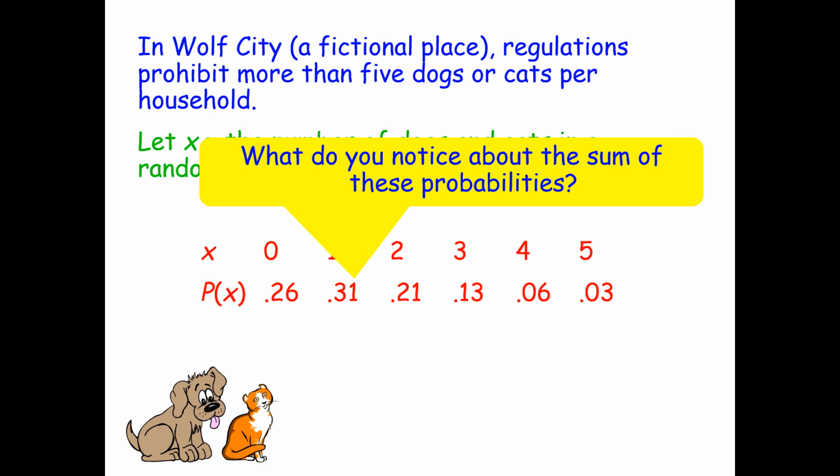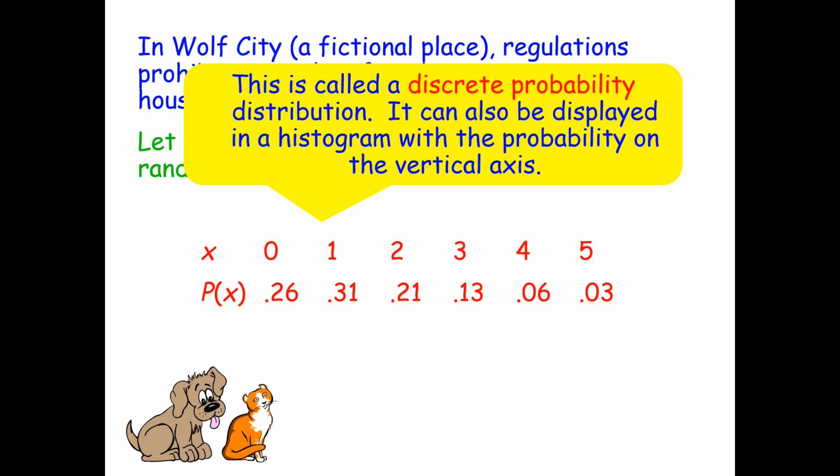What do you notice about the sum of these probabilities? That's right, it's 1. This is called a discrete probability distribution.